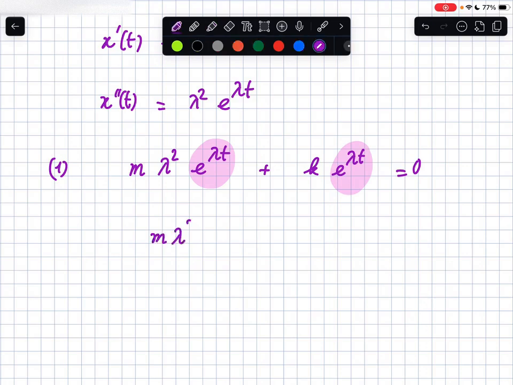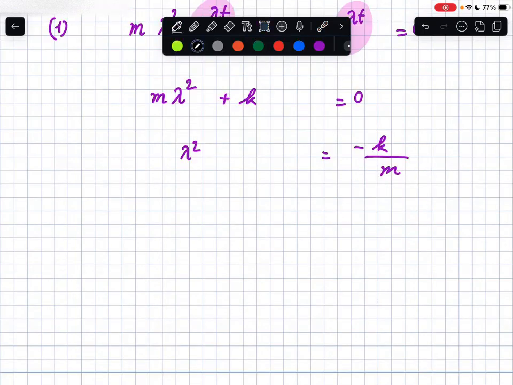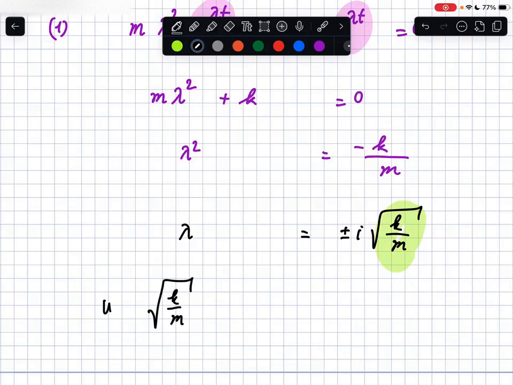M lambda square plus K equal to 0. M and K are given to us. We find lambda square equals minus K over M. So this one is negative. Lambda is plus minus i square root K over M. Square root K over M is denoted by omega naught.